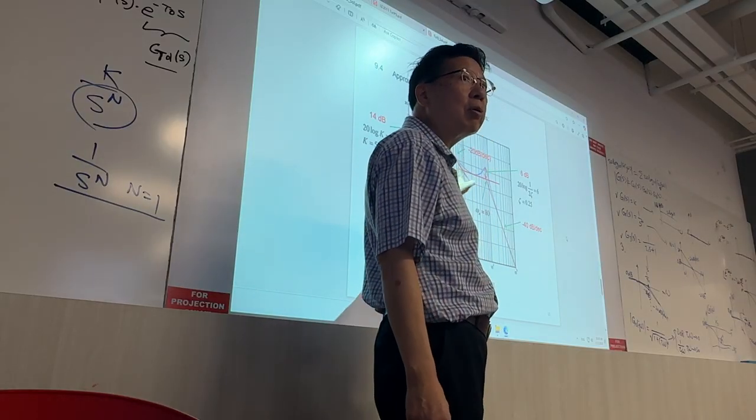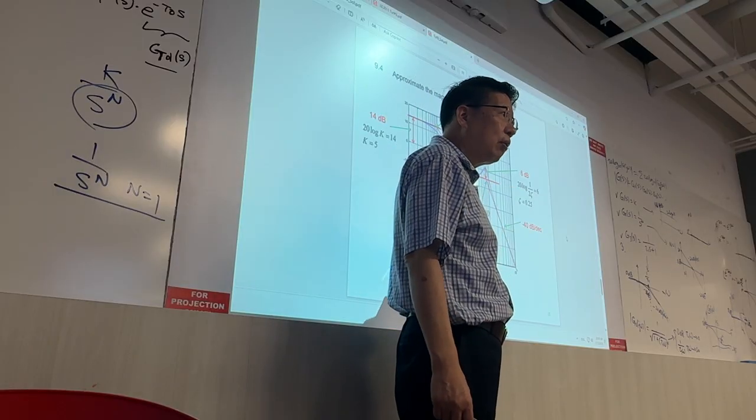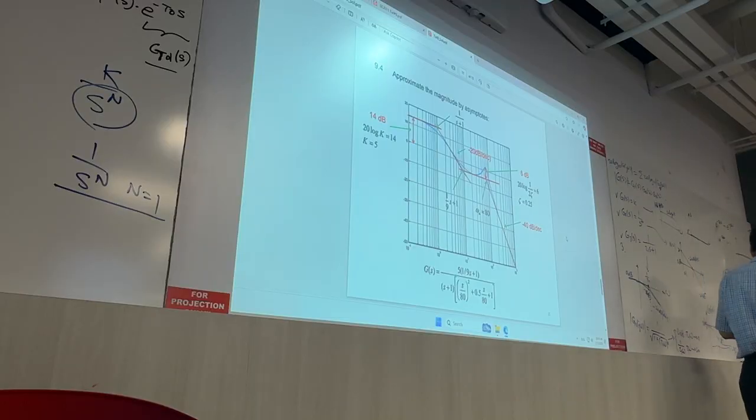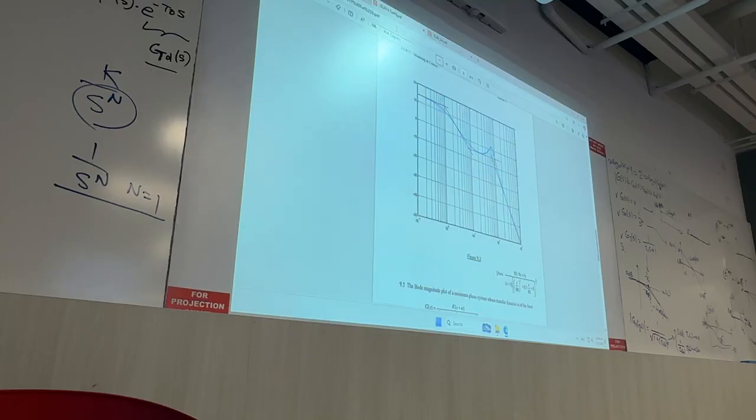So once you identify all the corner frequencies and the gains, and you know where they are coming from, either the numerator or the denominator, you put them together. Here is the transfer function. We say it is approximate. So any questions? Okay. If we know that, we move on.